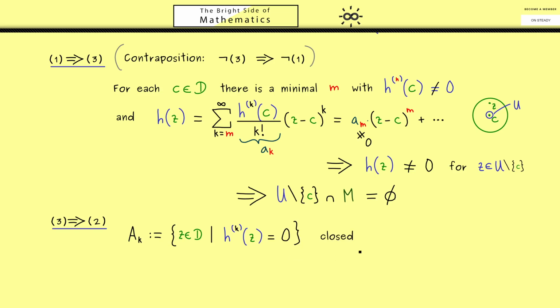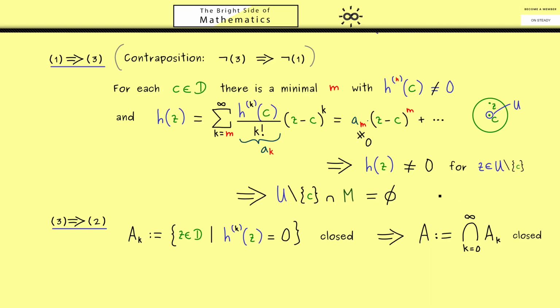Now, this has to be a closed set, because this derivative is a continuous function, and this here is the pre-image of a closed set, just one point, and therefore it needs also to be closed. And now if we define a new set A, given as the intersection of all these A_k, then this is also closed. This is a general fact: an arbitrary intersection of closed sets is always closed.